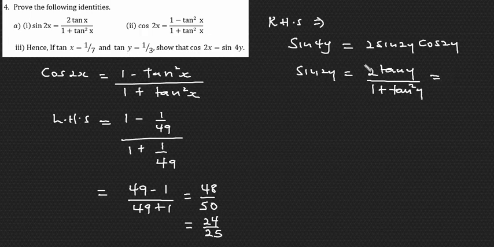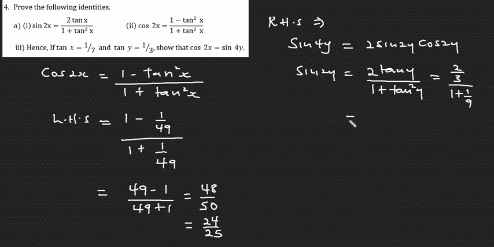So tan y is a third, so this is 2 thirds, and 1 plus a third squared, that is 1 over 9.